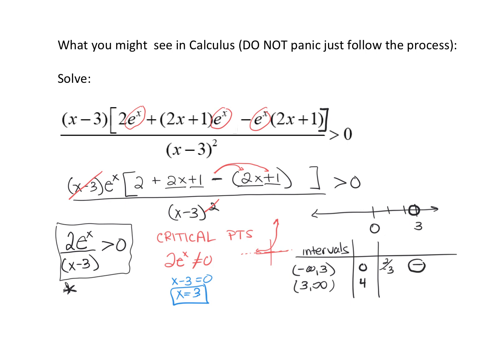So that's a negative result. And then plugging in 4, I'll get 2e to the 4th over 1, which is a positive result. And my solution is then where it is greater than 0, or 3 to infinity.